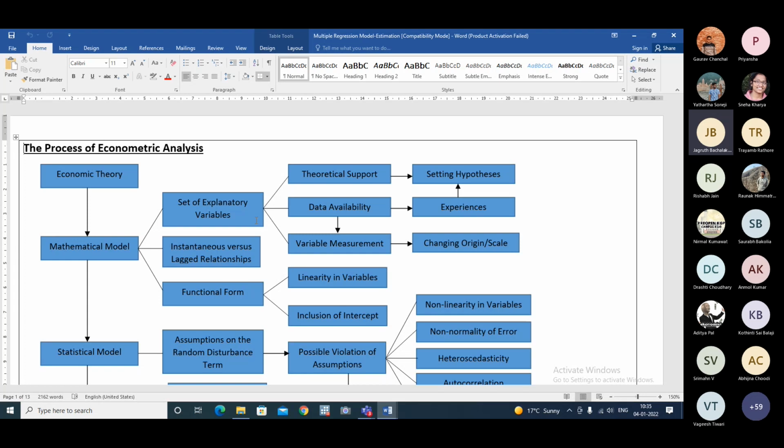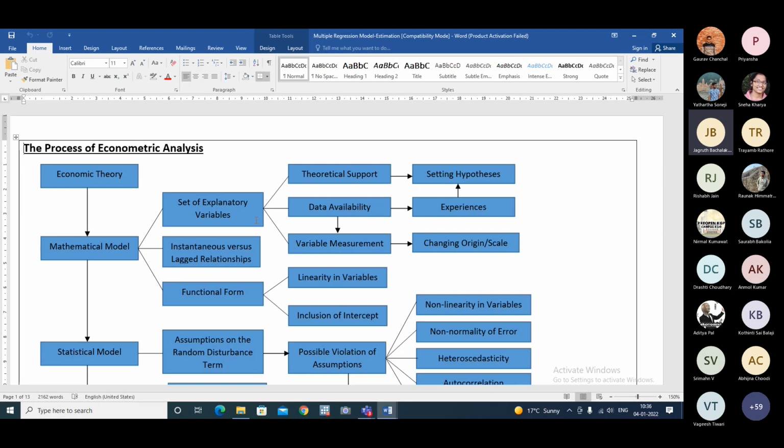Consumption in year t as a function of income of the last year. It's a lagged relationship. It may so happen that if income increases, consumption may not increase immediately.